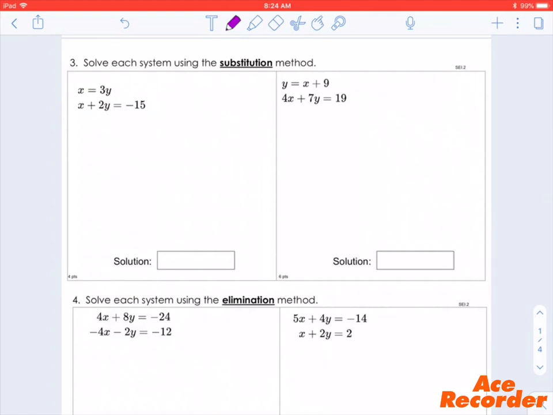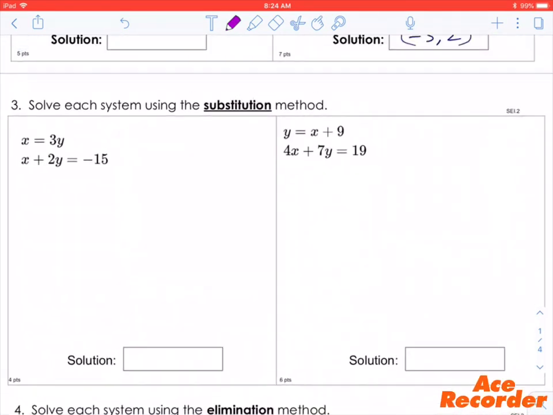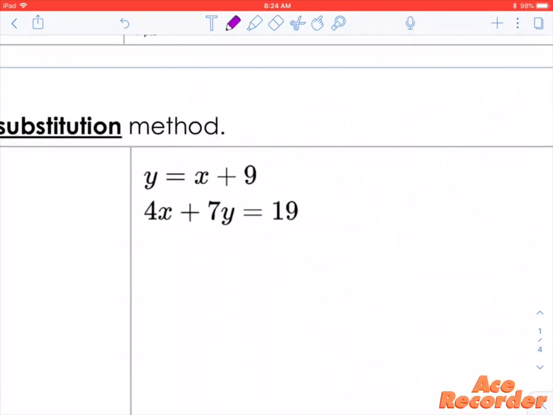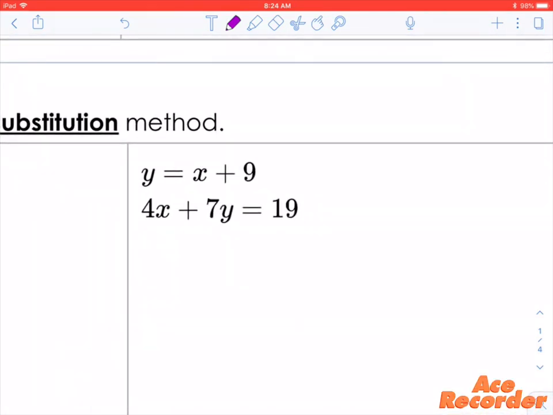So number 3 and 4, we have substitution and elimination. Remember what you're doing here is, if you're doing substitution, whatever's by itself, you're going to replace that same variable in the other equation. So in this case, y equals x plus 9.